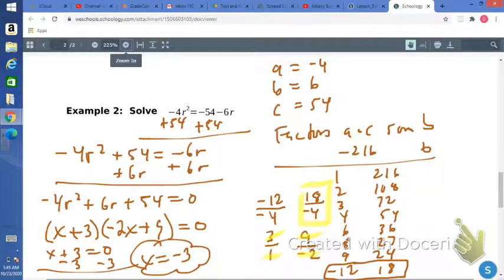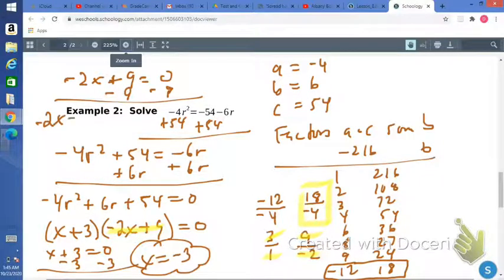Okay, so the negative 2x plus 9. So we got to set that equal to 0. Negative 2x plus 9 equals 0. So we're going to subtract 9 from both sides. It's getting messy here. So we have negative 2x equals negative 9.